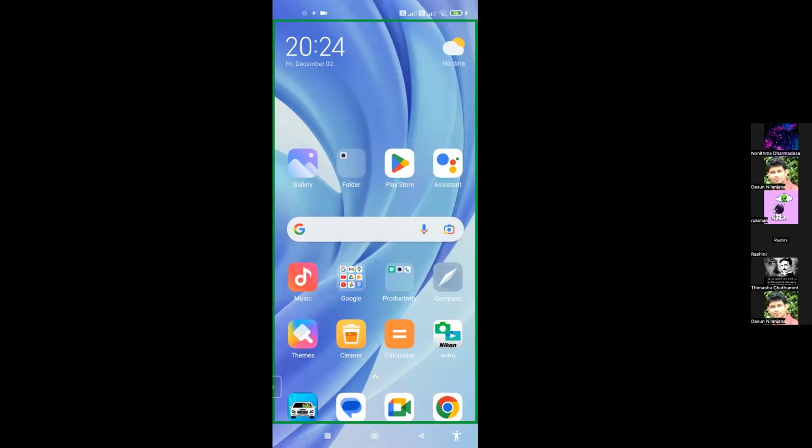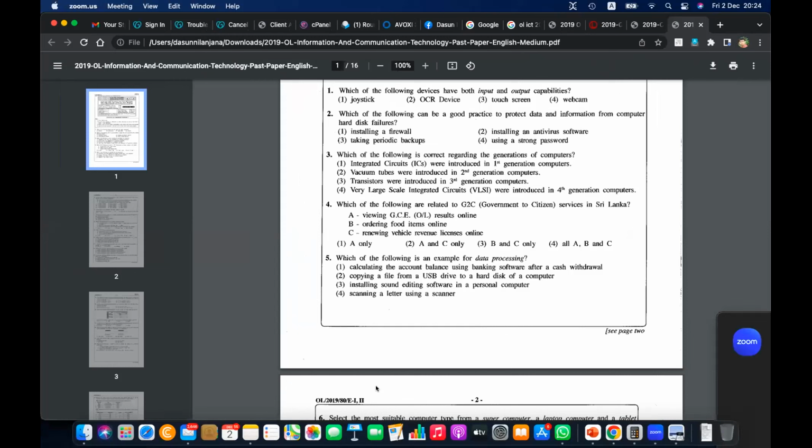If there are printed characters somewhere, OCR can recognize them using a scanner or camera. That is called OCR.